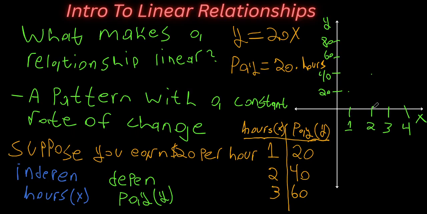You would have all these intersections, but now we move over another hour, and now we've earned an additional $20, more than 40. So we travel right up to about 60. We mark it. And let's stop there because that's where we stopped on our table.